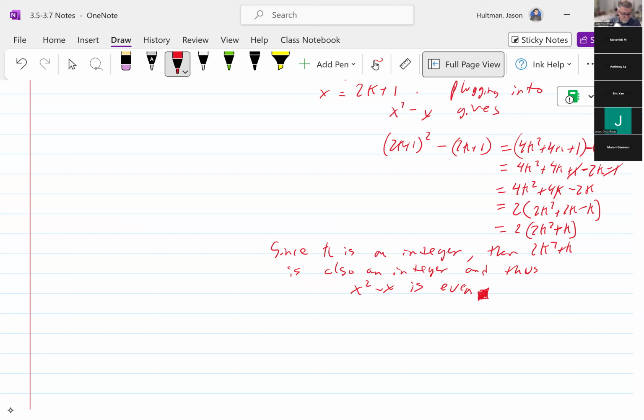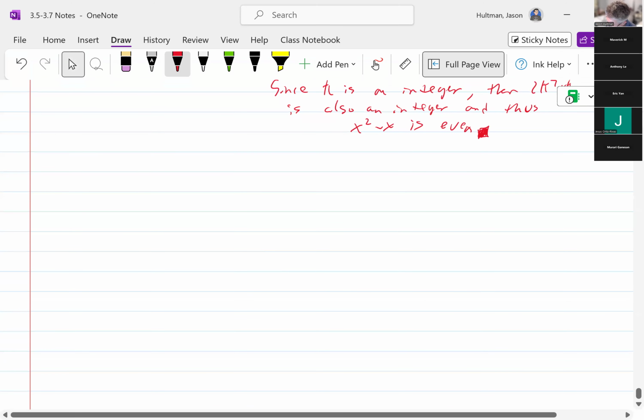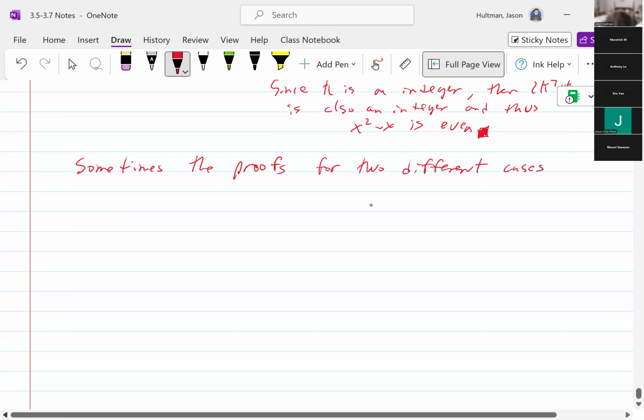Sometimes the proofs for two different cases are so similar that it is repetitive to include both cases.